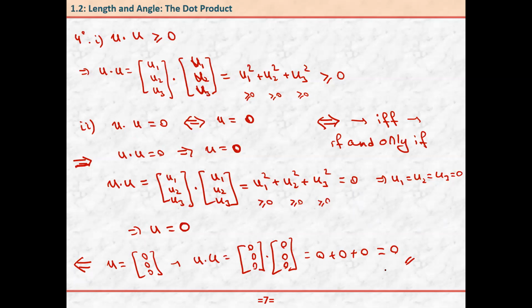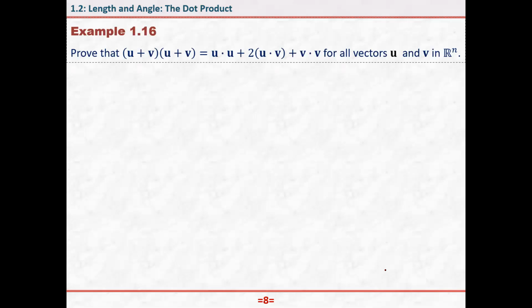All right, let's continue. Let's see one example related to dot product. It says prove that u plus v, and here what is missing? It must be dots. Maybe I forgot to put a dot here.